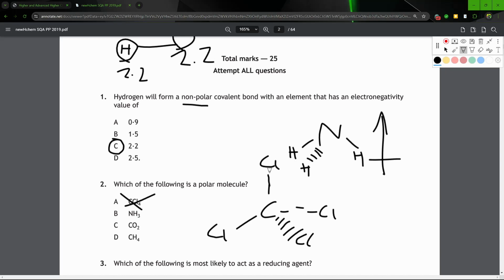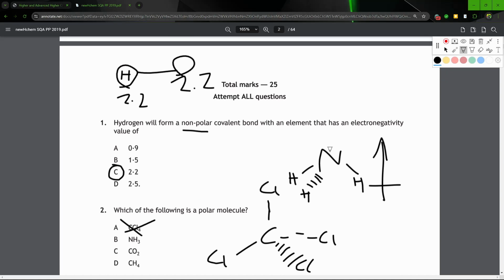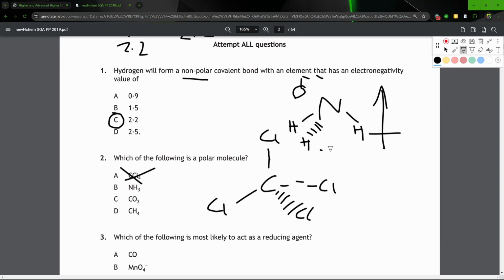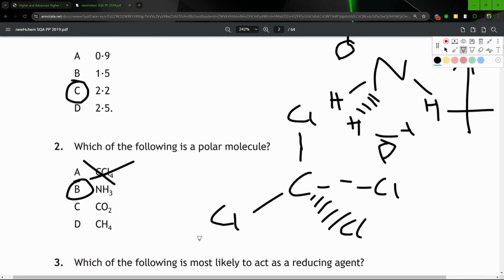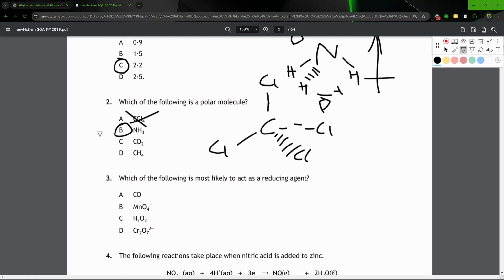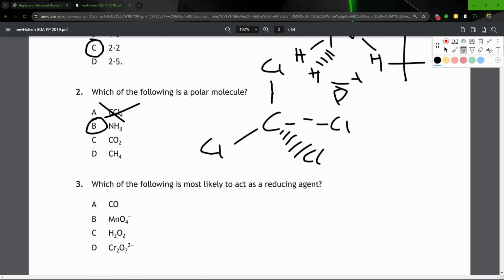It's pyramidal. So that means that since nitrogen has a higher electronegativity than hydrogen, this side will have a negative side, and then this one will be positive. So we already think that it's probably going to be B, but let's just double check our work by seeing if C or D could make polar molecules.